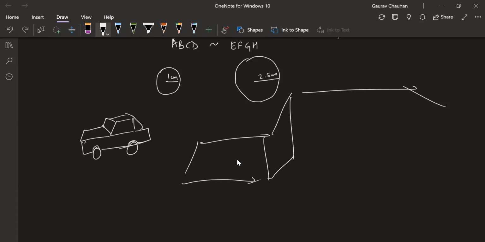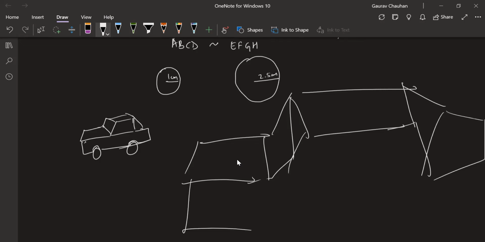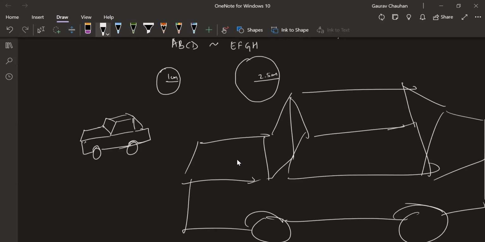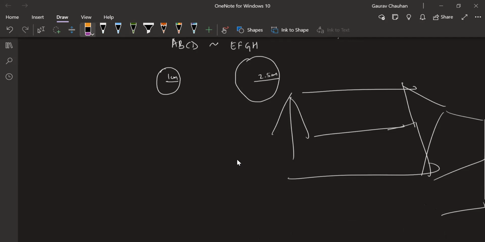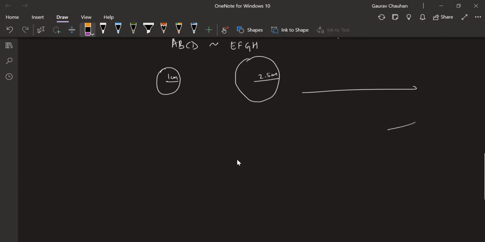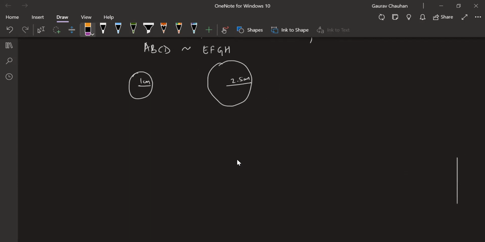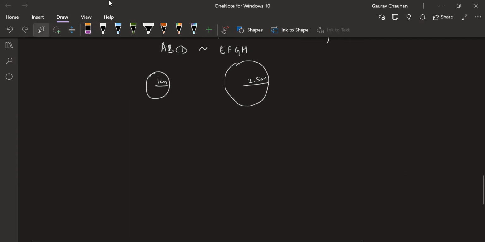I want you to imagine that the model is built perfectly. Then what we can end up saying is that the toy car model and the real car are similar. That's something we can say if the model is built perfectly to exact ratios of how the big car looks, no change in the shape. If you do that, then we can say that these two cars are similar.